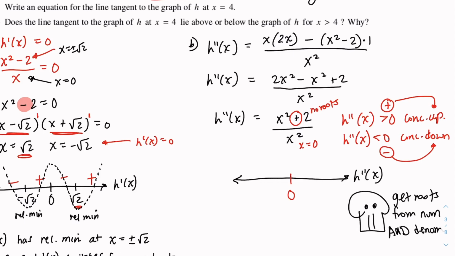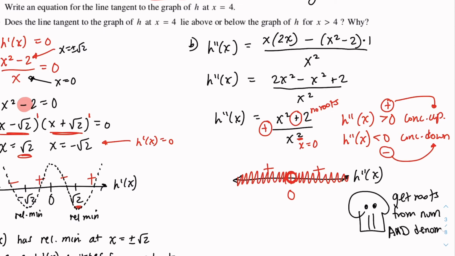So let's start on the right side, is positive out in front, so I'll put a plus sign, and at 0, notice that the exponent is even, so we will keep that sign. Now, our job was to figure out where h double prime is positive for concave up, and that would be everything except 0, because at that point, that's where we found h double prime equaled 0.